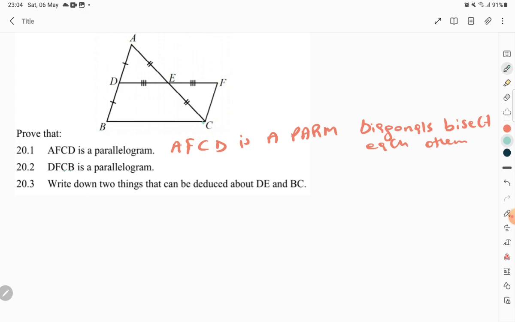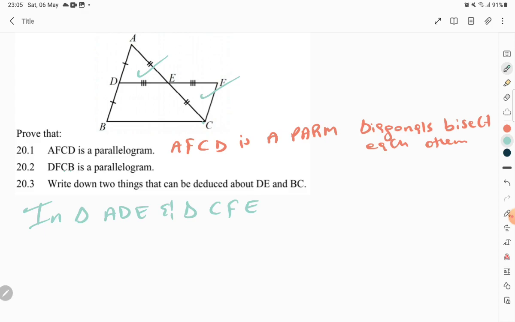I can say we are having triangle ADE and triangle CFE. What is it that you notice in these triangles? Because I want to make there some relationship.